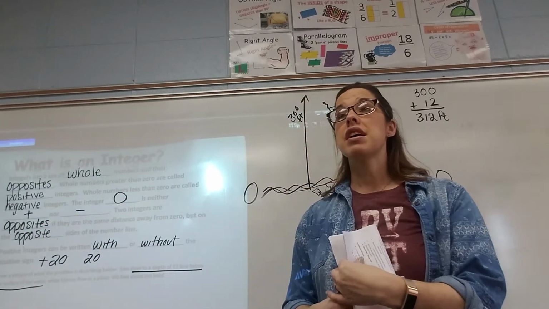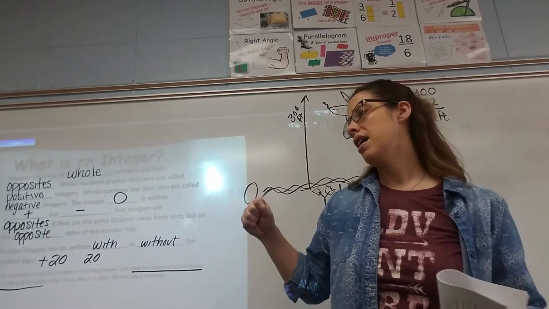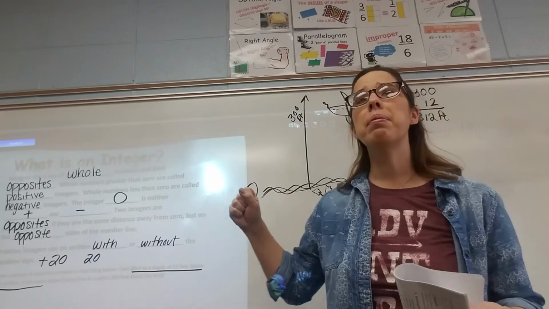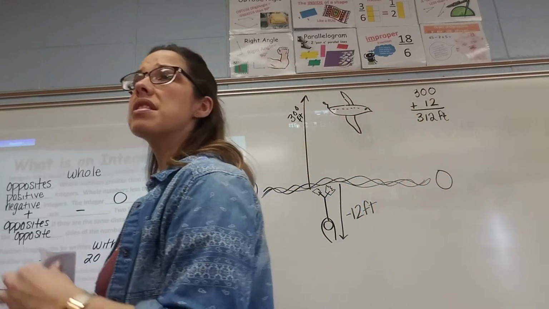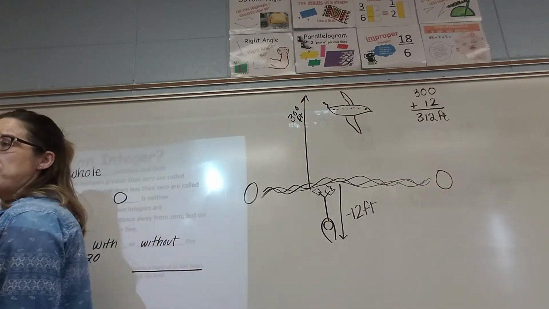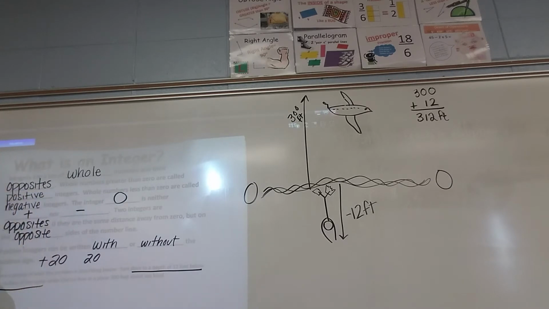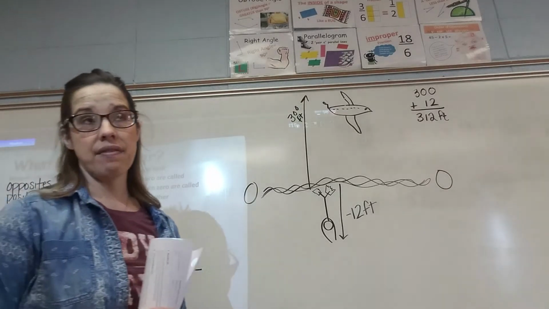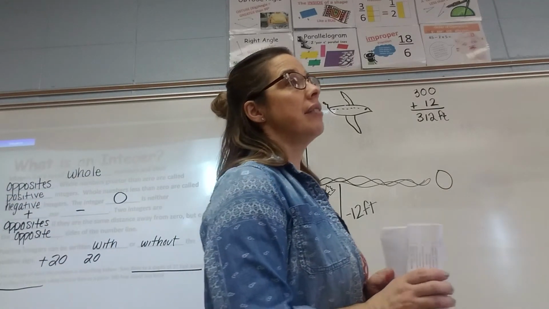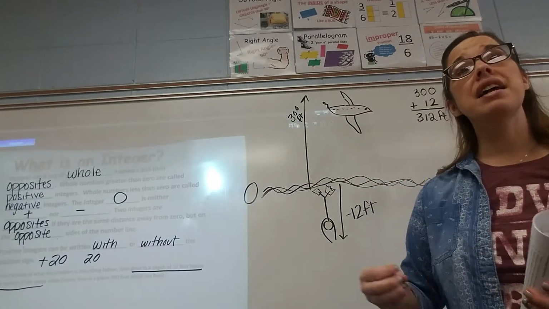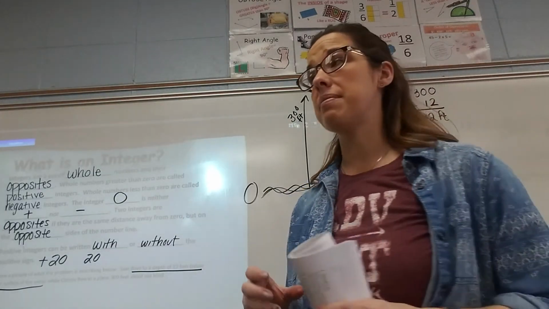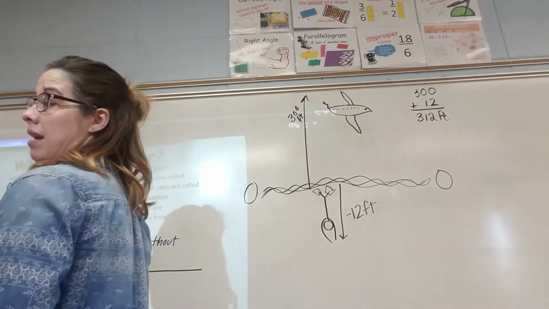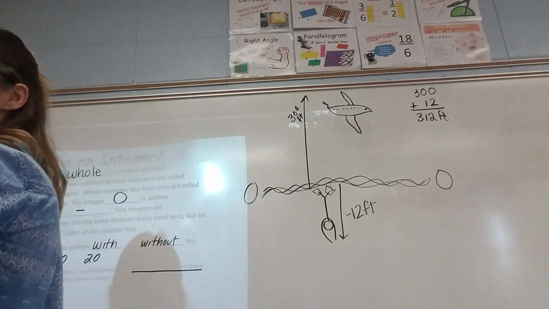If I say the football player gained 20 yards, what's the integer that represents that situation? Positive 20. Let's say he got a 5-yard penalty. Negative 5. Let's say I deposit $70 in my bank account. Positive 70, because you're putting money in your account.